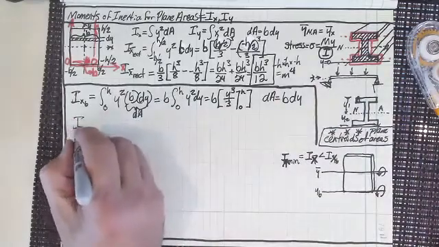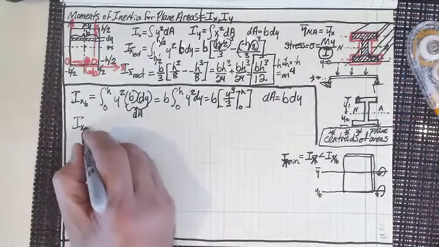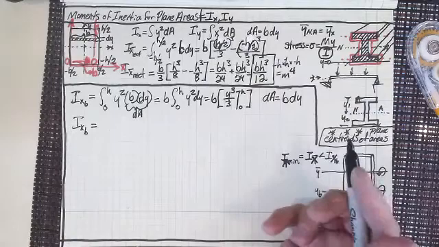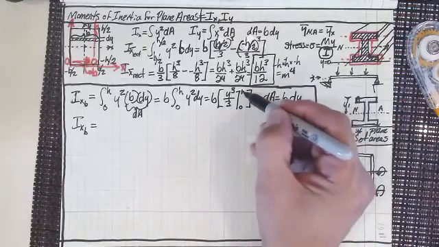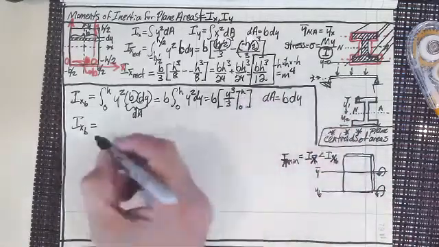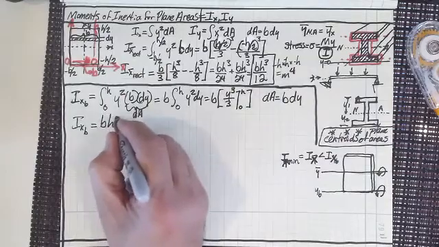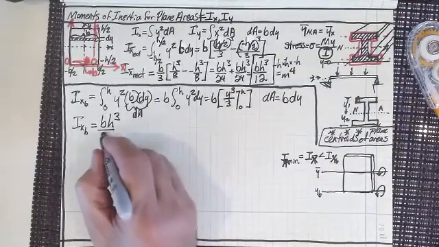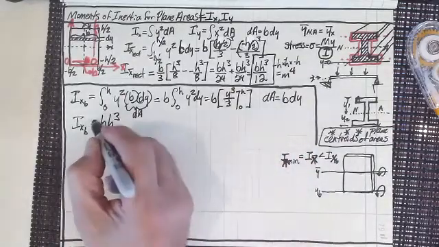And so I about x about the base is going to be h cubed over 3, so bh cubed over 3. See how easy that was?